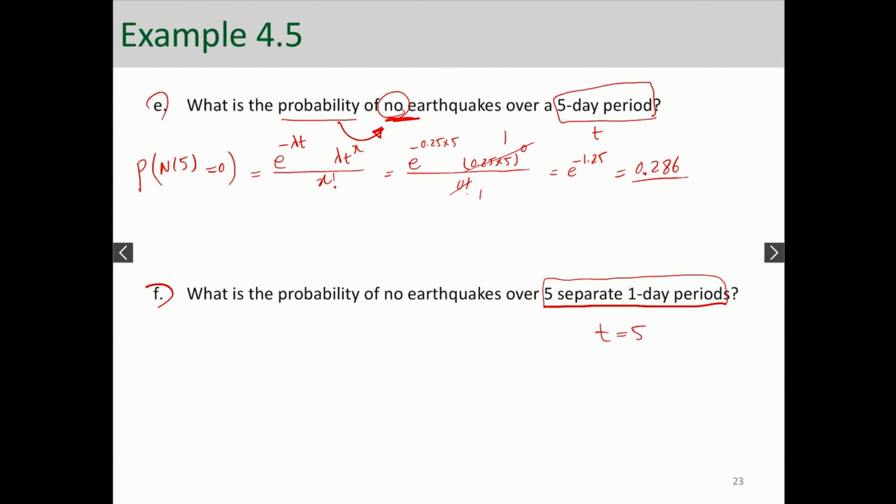It doesn't matter that it's 5 separate 1 days or 10 separate half days or 5 consecutive days. All that matters is the duration, right? Duration matters. And that's 5. So essentially we're doing the same probability, which is going to be the same. So no difference between part E and F.